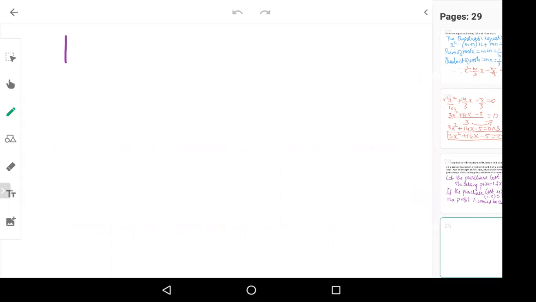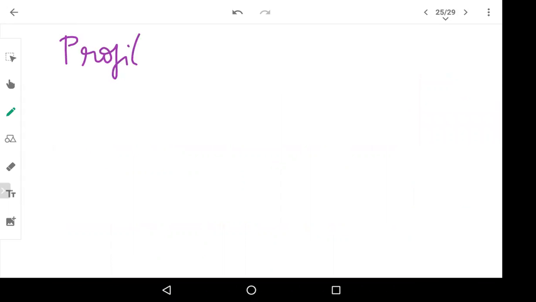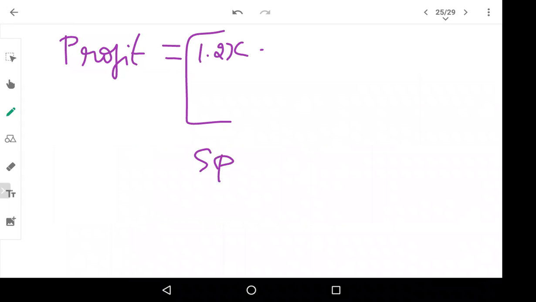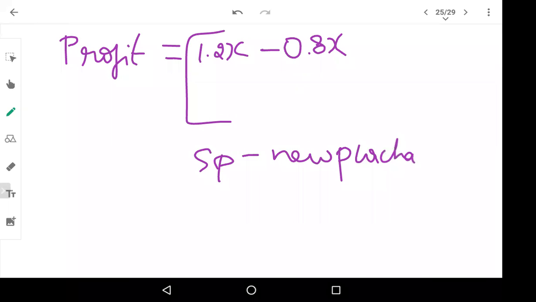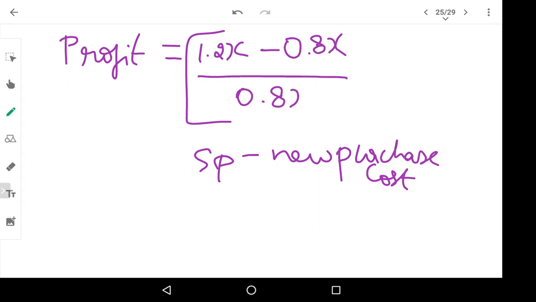Profit is equal to 1.2x, the selling price, minus the new purchase cost. Selling price minus new purchase cost, divided by the new purchase cost, into 100%.